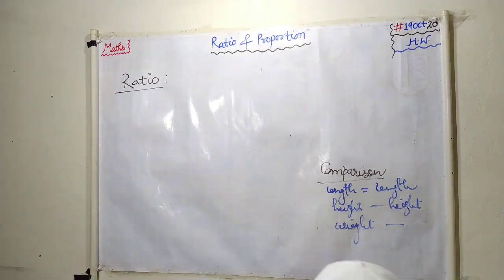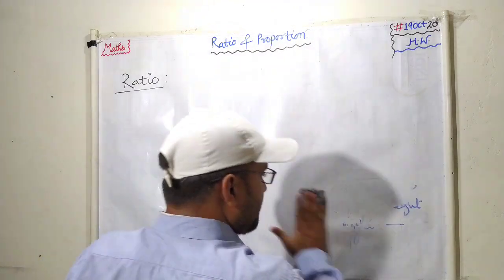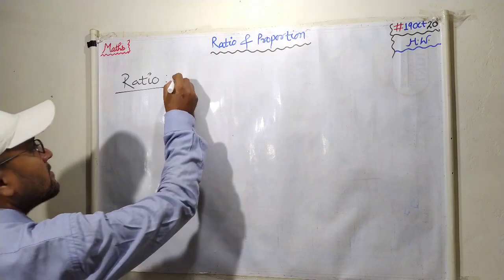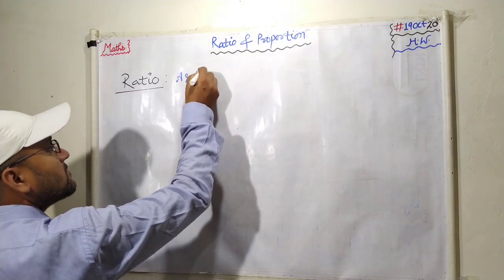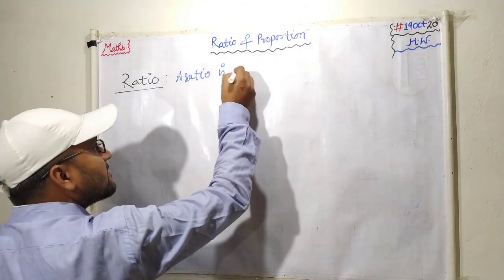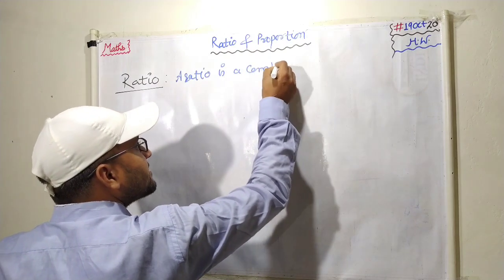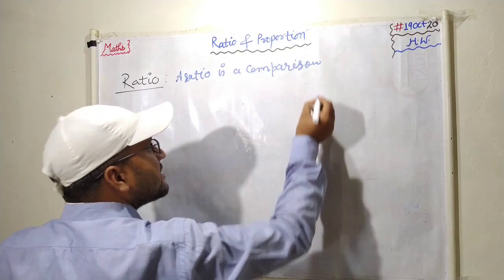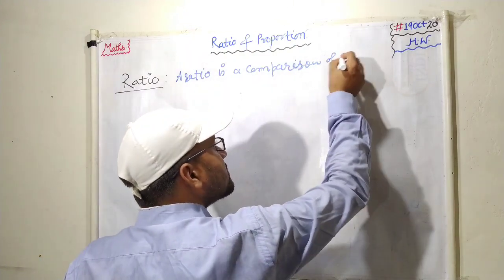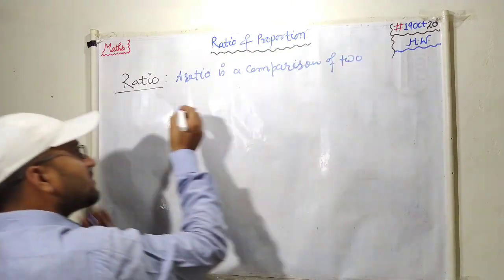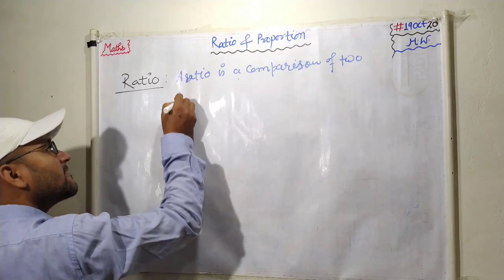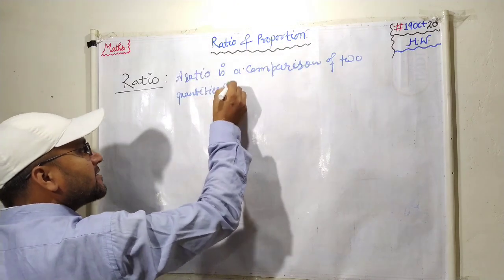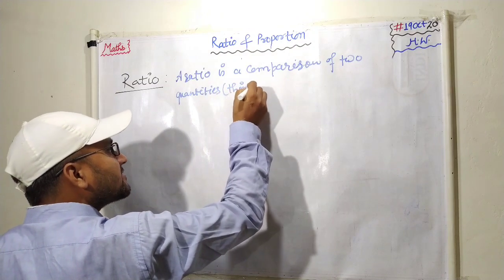So the definition, see the definition: a ratio is a comparison of two things or two quantities. If you have a problem, you write the things also.